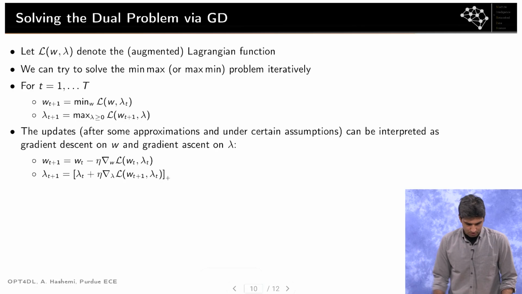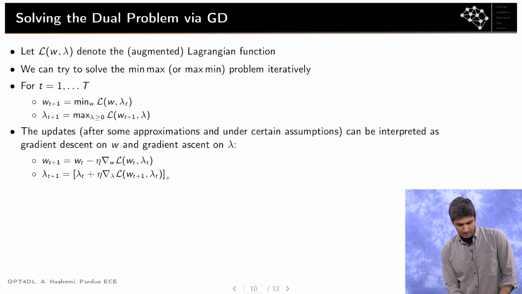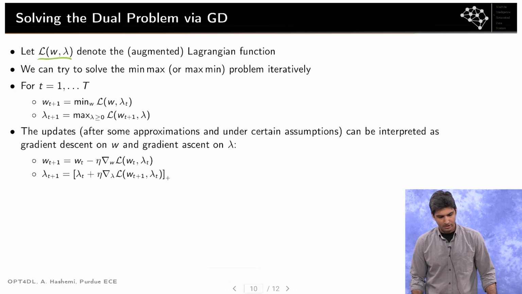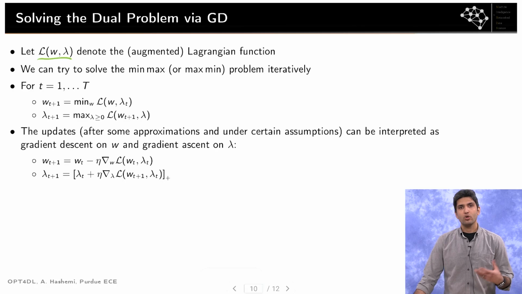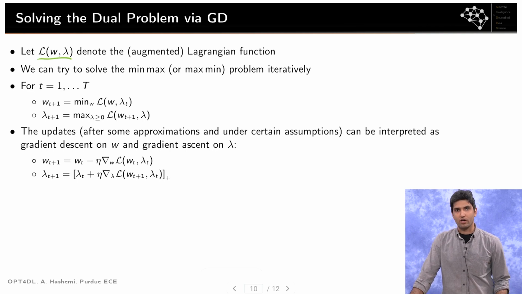Okay. So here is one way to talk about almost all of them in a very simple and abstract way. Let L be the Lagrangian function we talked about, or it could be the augmented Lagrangian function, where in addition to the linear term, we could also include the quadratic term.